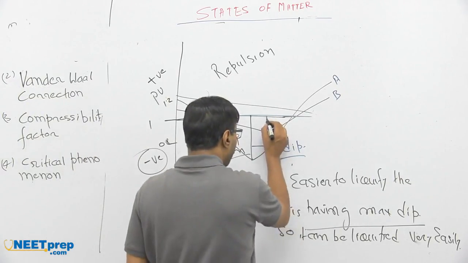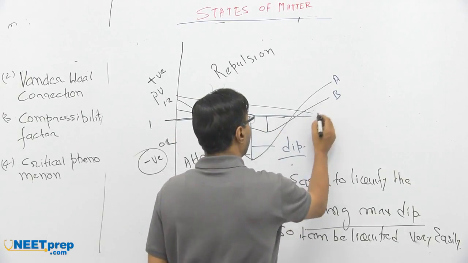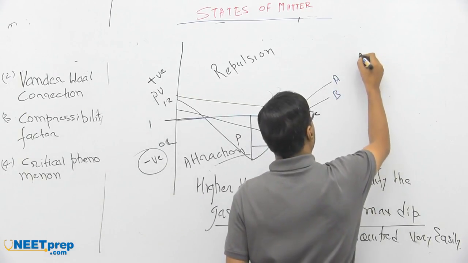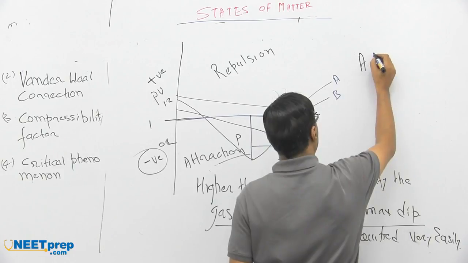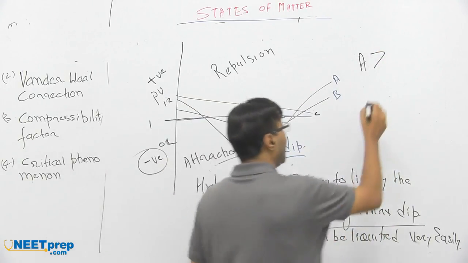In the next segment, this one is having a dip and this one is B. So the extent of liquefaction is: A is easy to liquefy followed by B.